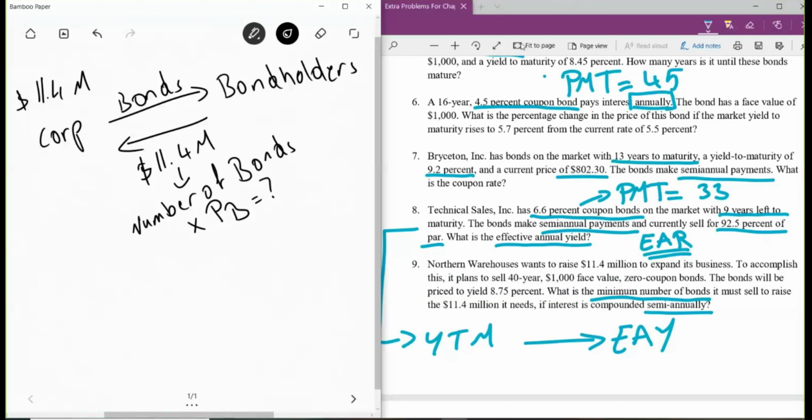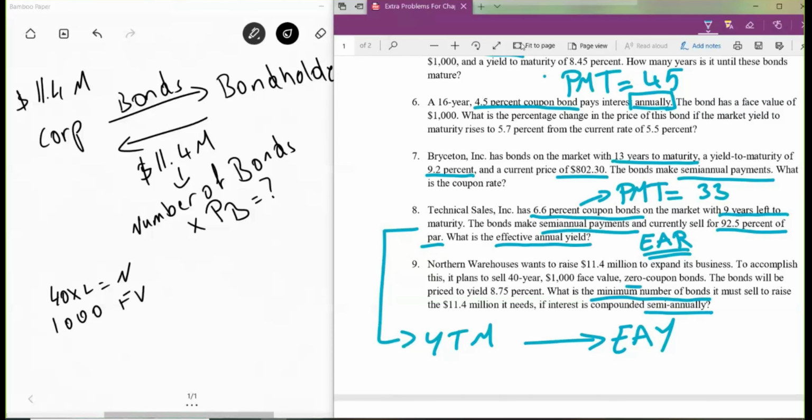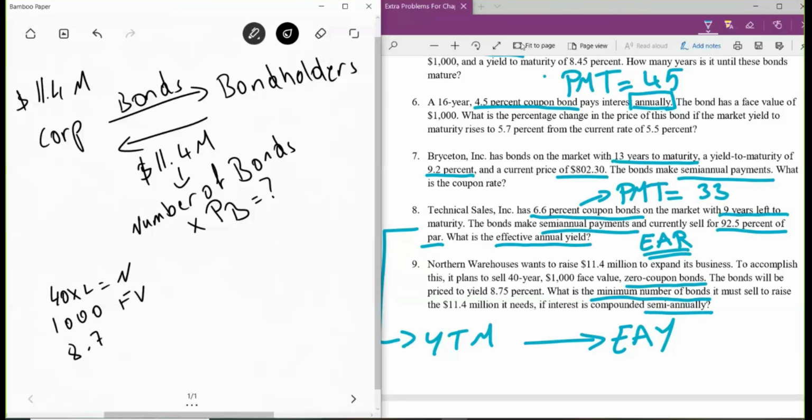To find the price of the bond, I have 40 times 2, 80. This is N. 1,000, this is FV. I do not have any payment because I have zero coupon bonds, so the payment is 0. The yield to maturity, 8.75 divided by 2. This is IY.